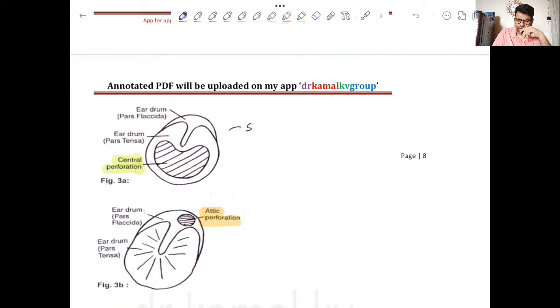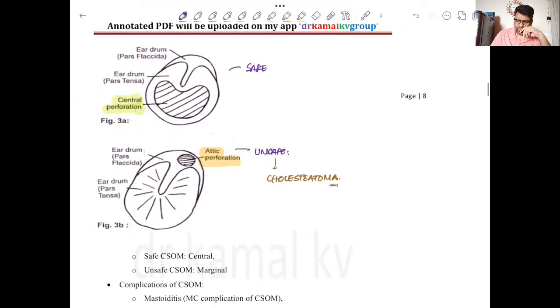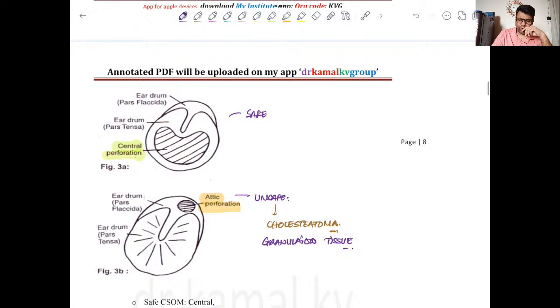So this is safe and this is unsafe. Now we call it unsafe because there is one complication which can be seen here, and that is cholesteatoma. Clear? And apart from this, there can be granulation tissue, right? So this is important here.